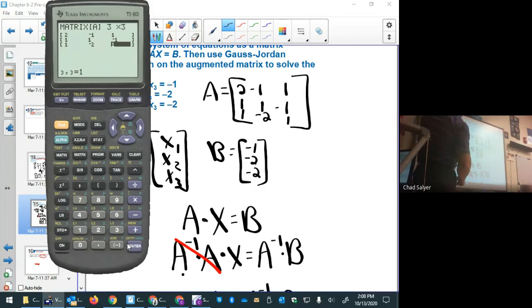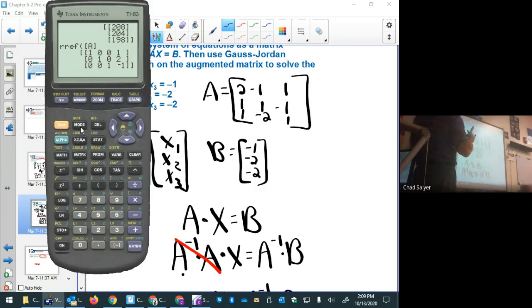Checking myself. That's right. Now I need to define B. So B is 3 rows by 1 column. Three by 1. It is negative 1, negative 2, negative 2.